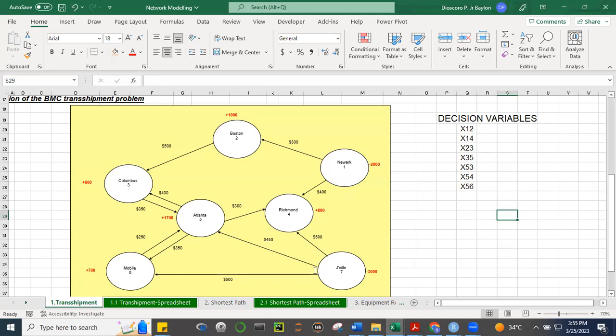All right, then how about 6? I'm doing it chronologically so that it will be easy to trace. You have X65, just X65. How about 7?